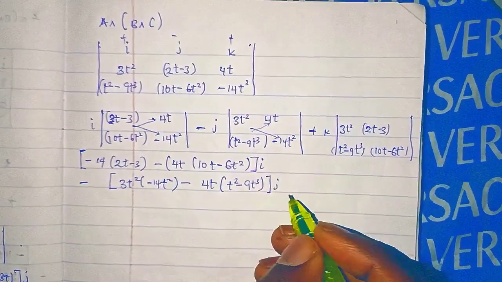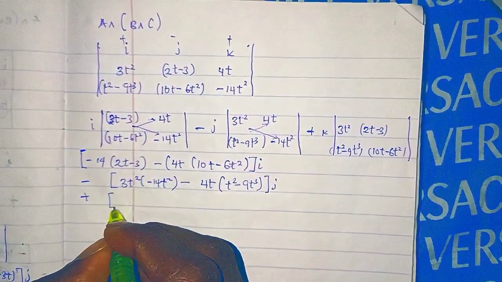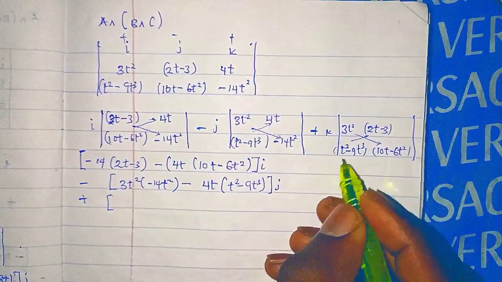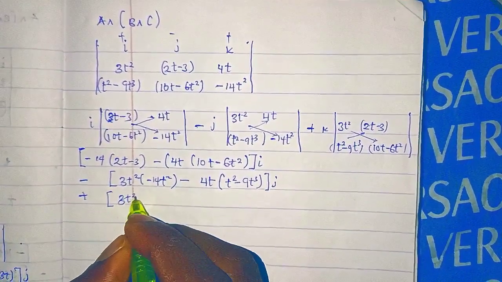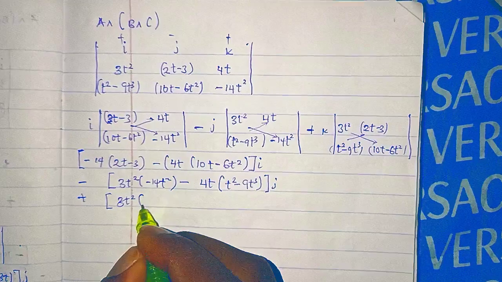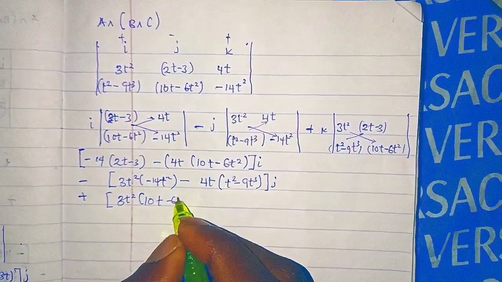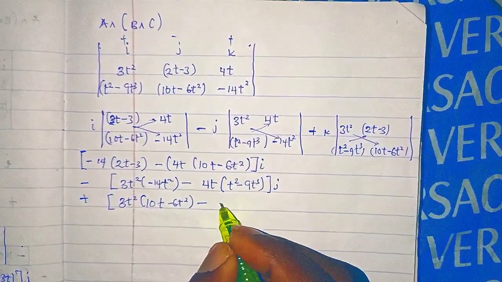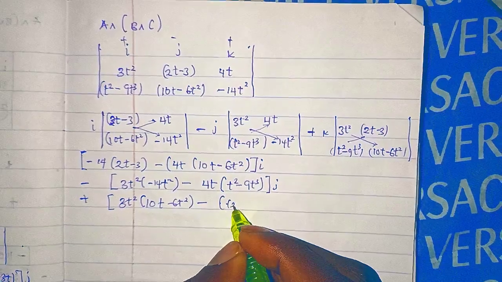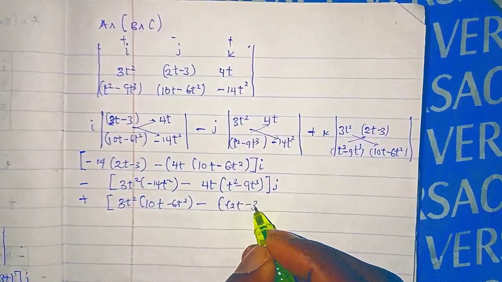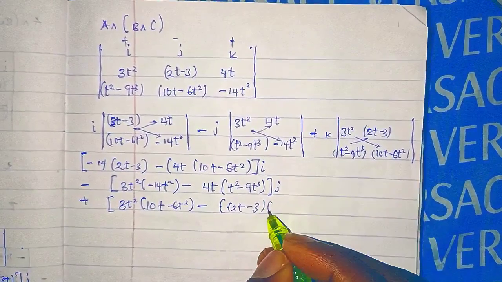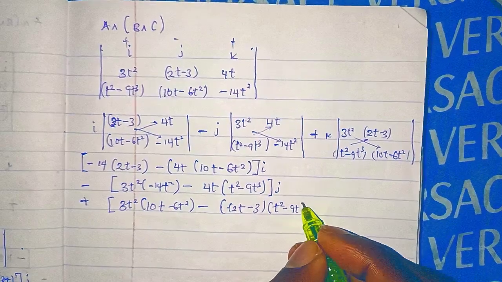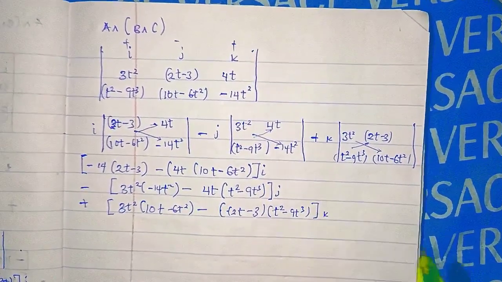This is j, and for k we'll have a plus, this plus here. Now we'll say this product minus this product, that's going to be t squared into 10t minus 6t squared, minus 2t minus 3 multiplied by this t squared minus 9t cubed. This is for our k.